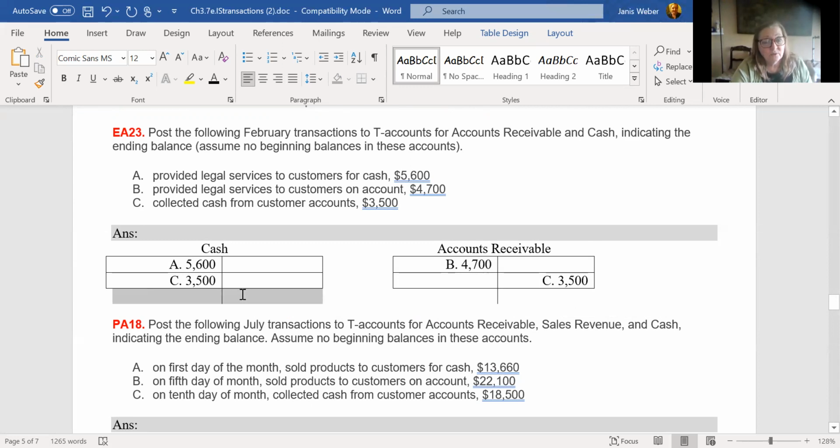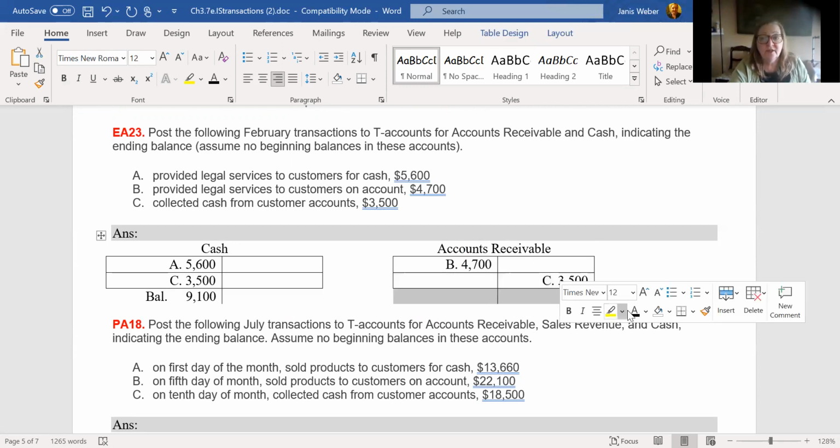On the cash account, we have 2 debits, so we're just going to have a bigger debit as the balance. It's going to be still a debit. Then on the accounts receivable, we see we have $4,700 as a debit balance, and we credited it for $3,500. So that $3,500 credit ate up some of our accounts receivable balance, leaving us with the remainder of only $1,200 as our ending balance.